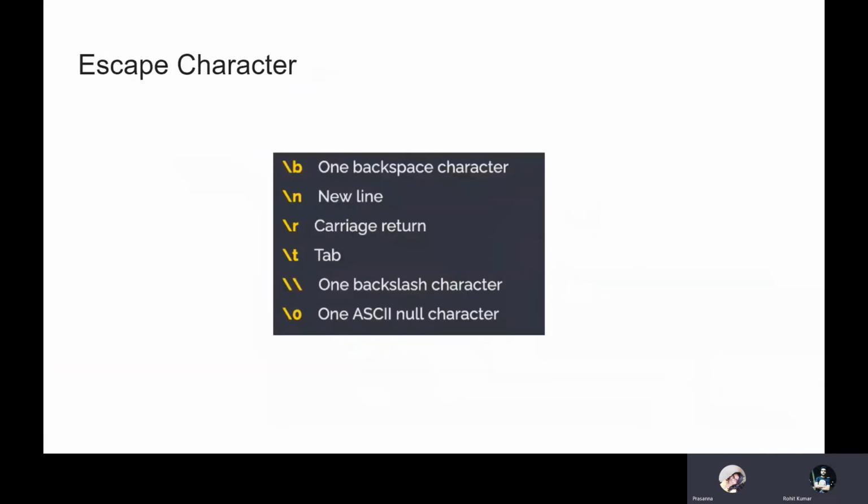Yes, so let me move to the next slide. Here you can see escape sequences. An escape sequence is nothing but a hidden keyword in Apex, like backslash b, backslash n, backslash r, backslash t, double quote, double backslash, and backslash o.